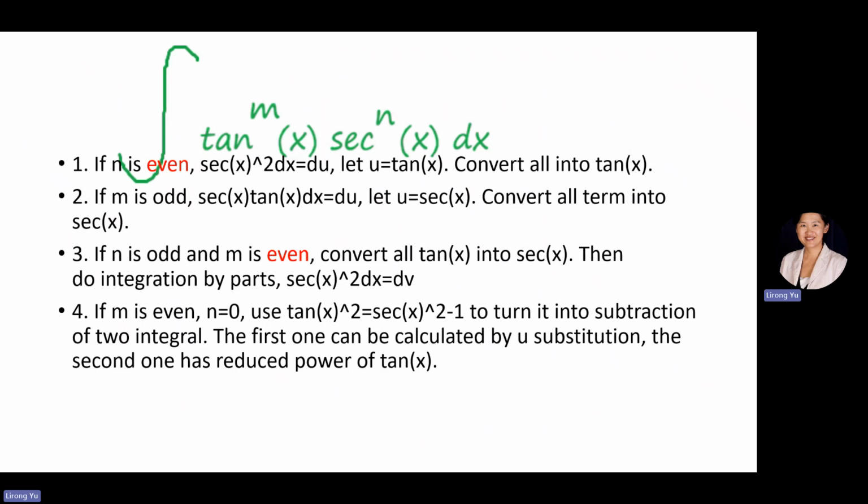We have a tendency to convert from tangent to secant because secant is easier for integration. If you have integration of secant square, you naturally have a tangent. So from there, we were able to rewrite the whole calculation and do a substitution between the two, and we will do a substitution or integration from there.